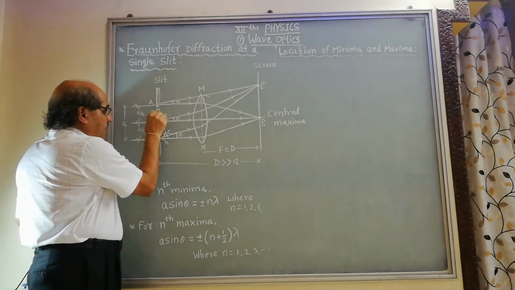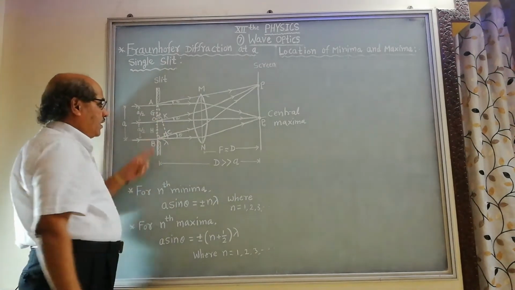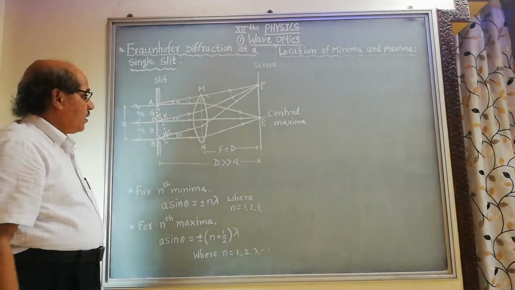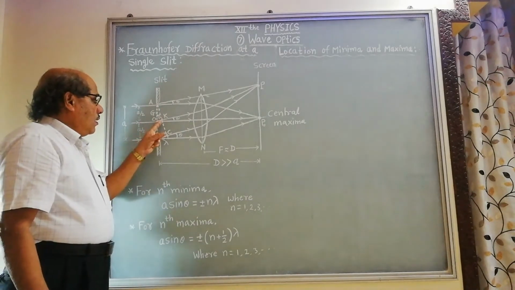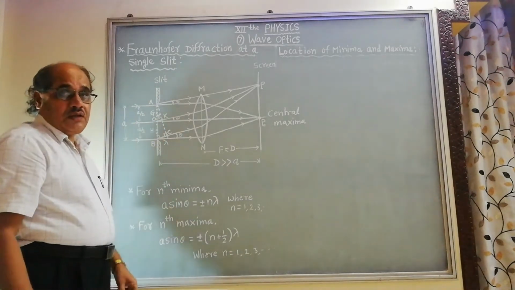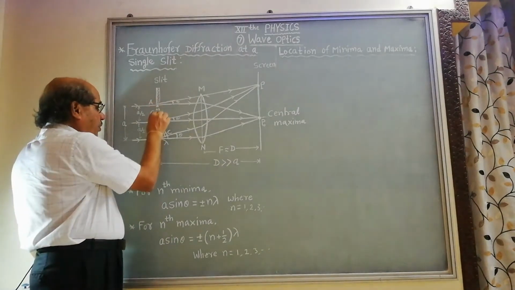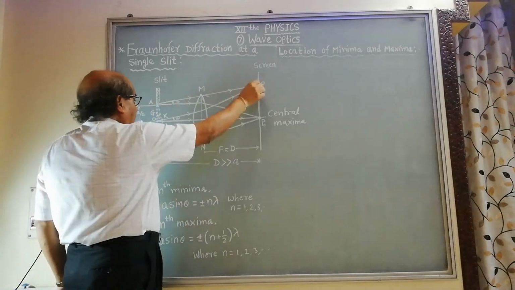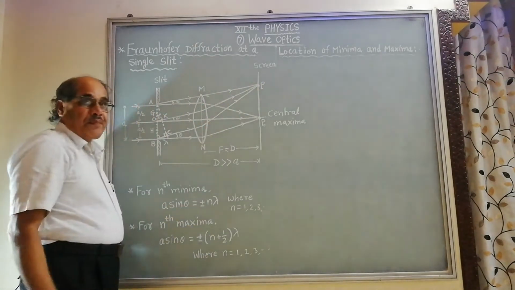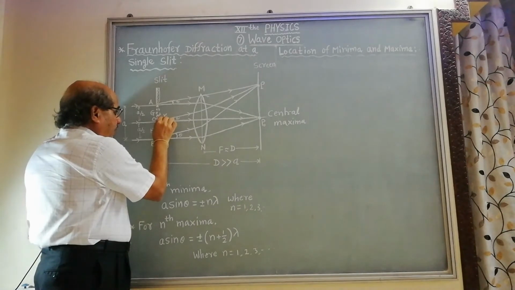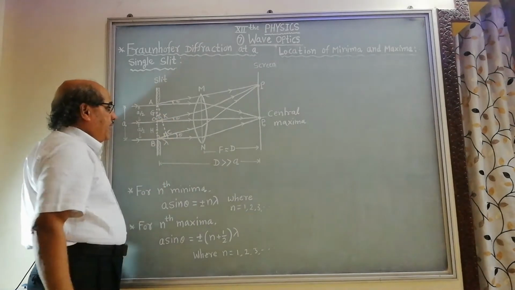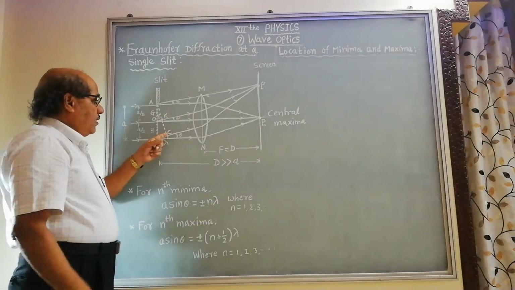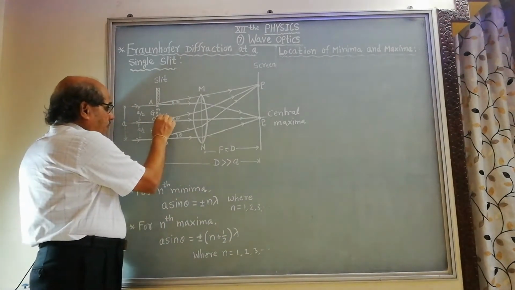Therefore, this angle must be theta. This angle is theta. Now we can find out the path difference between these two waves, that is rays AP and OP. So we can take a point K on AC. Then we can find out this path difference.